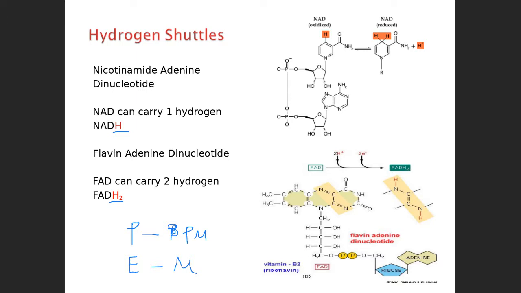So if you gain electrons, you gain hydrogen. So these are reduced. Okay, good. When they get oxidized, Keong, they become NAD and they become FAD. But when they become reduced, they become FADH2 and NADH.